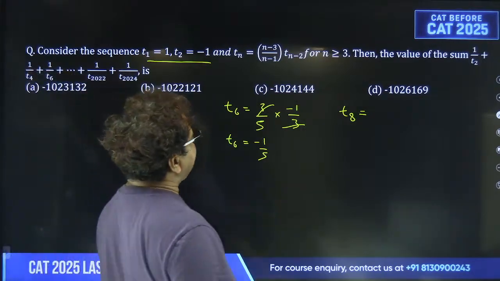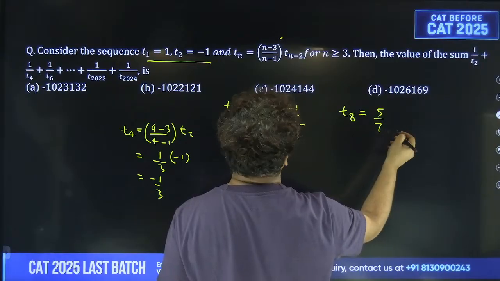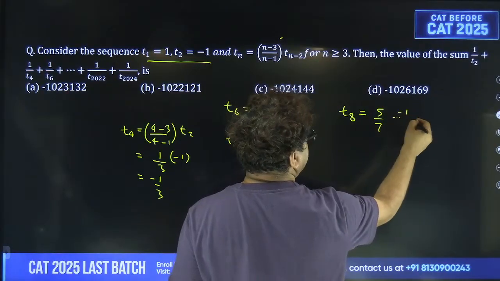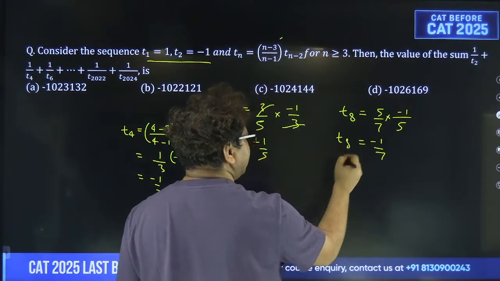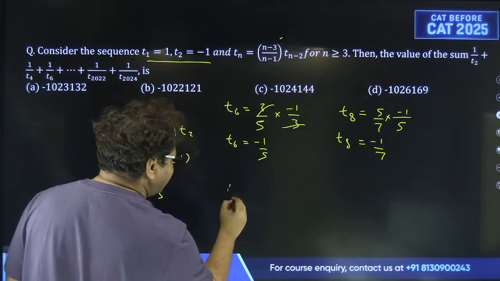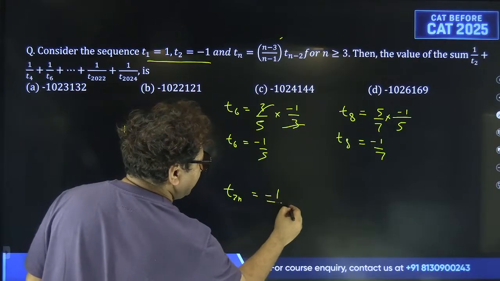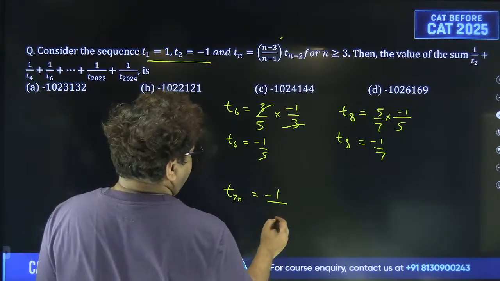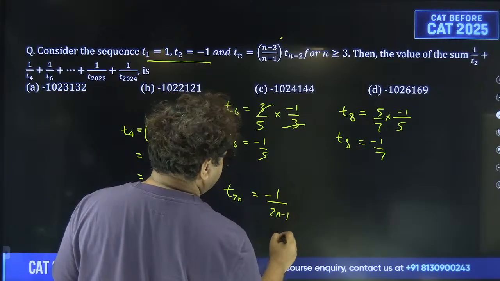If I put 8 here, 8 minus 3 is 5 upon 7 times T6, that is minus 1 by 5. Oh, nice. I saw the pattern. Did you see the pattern? The pattern is, if we have an even number 2n, then T of 2n is always equal to minus 1 upon 2n minus 1.